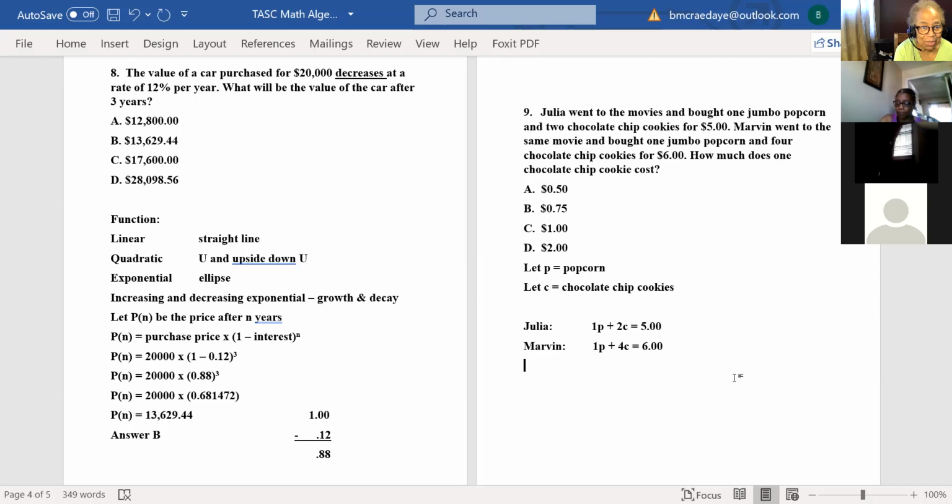So which one would you subtract? Which one do you subtract, Vanessa? You would subtract the 2 from the 4. A Julia equation and a Marvin equation. Which equation would I subtract from the other to eliminate the P's?